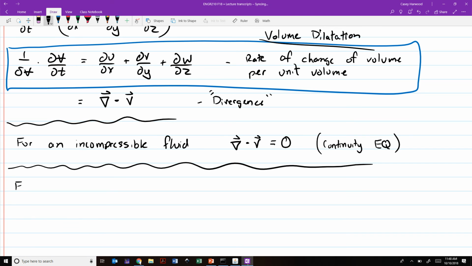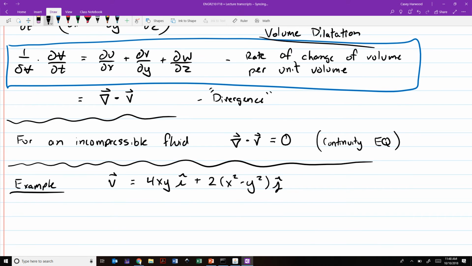Okay, so quick example usage. If we're given a velocity field, it is 4xy i plus 2x squared minus y squared j.